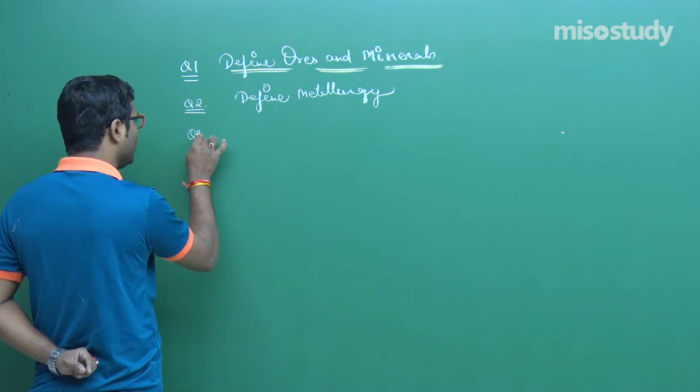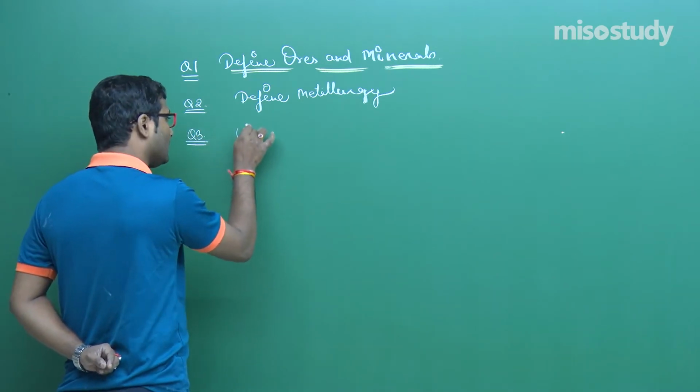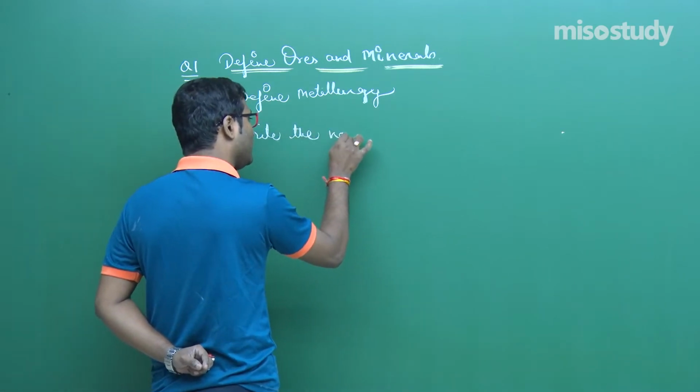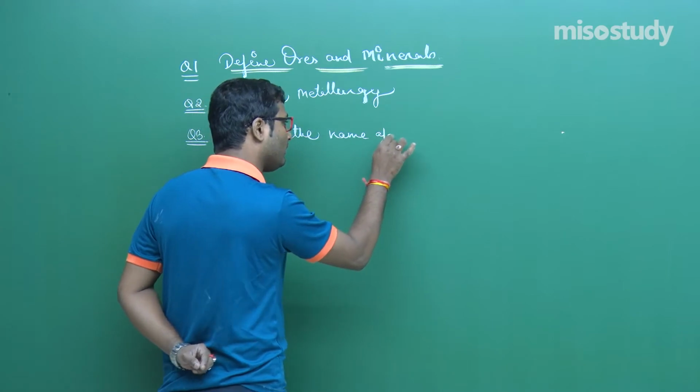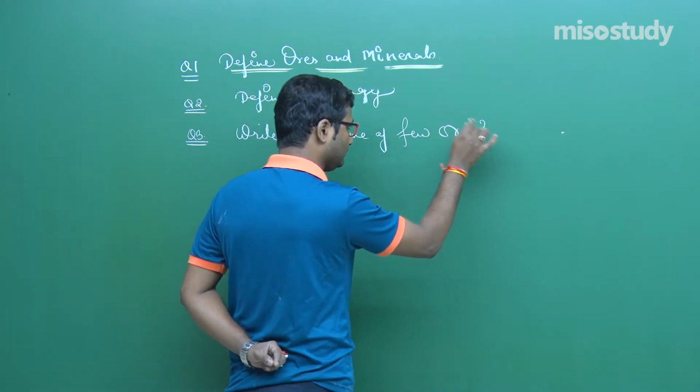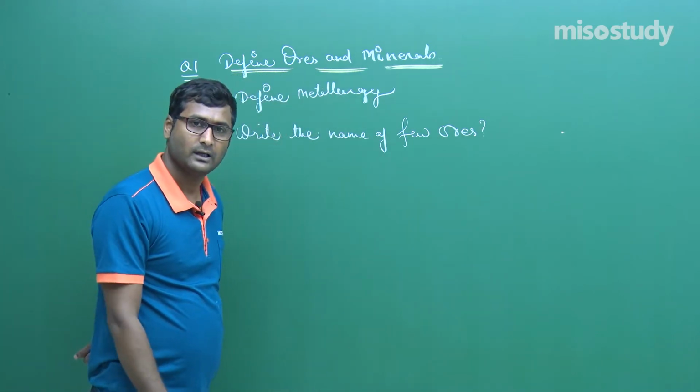The third question is write the name of a few ores. Clear, my friend?